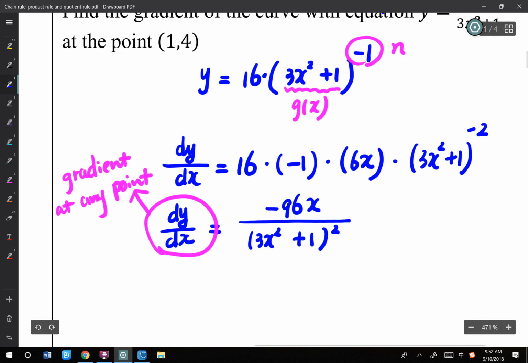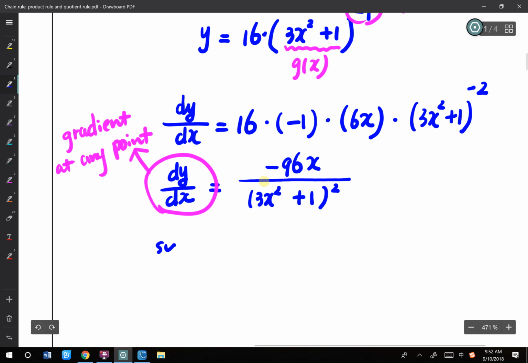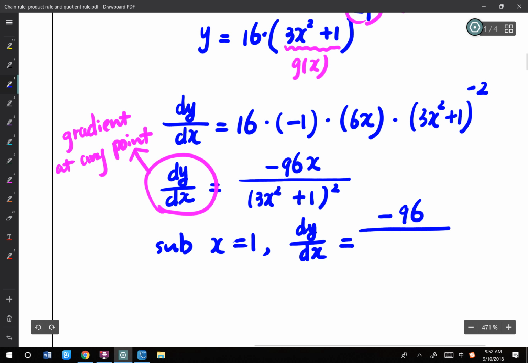So how do you find the gradient at the point (1, 4)? We sub x equals 1. So dy/dx equals -96 over 16, and that equals -6.